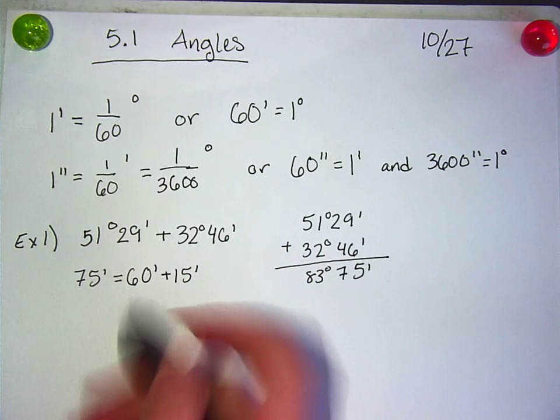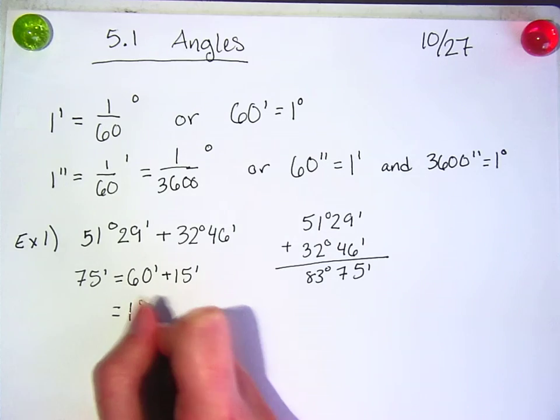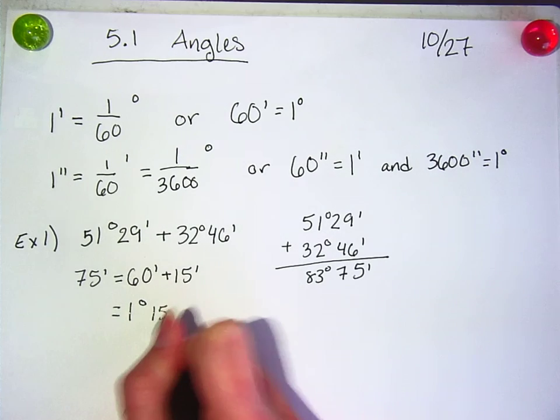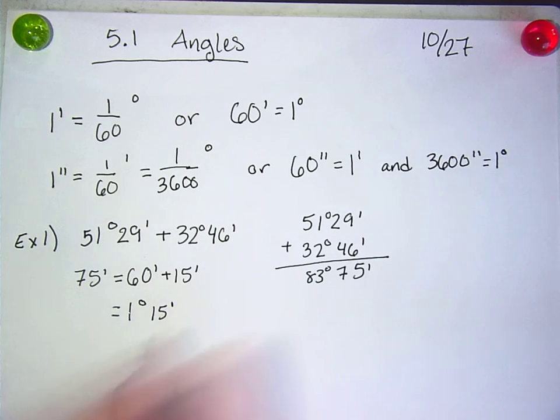So we can write that as 1 degree and 15 minutes. This is very much like a carry the one kind of situation. So it's 84 degrees, 15 minutes.